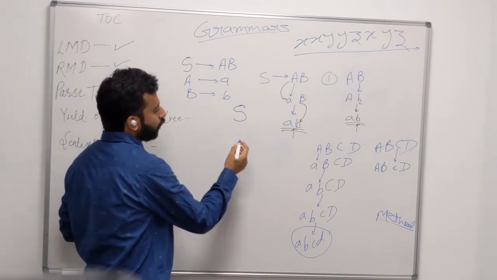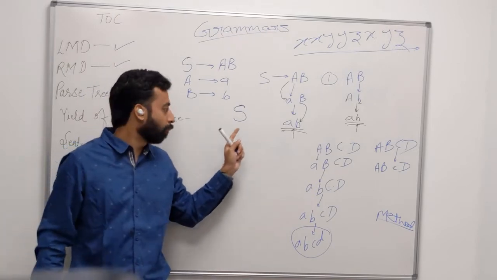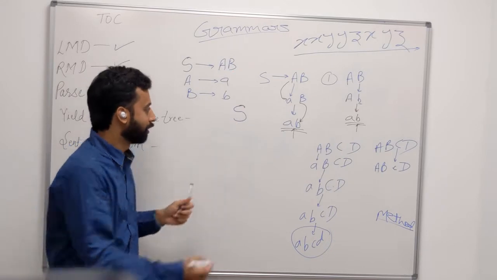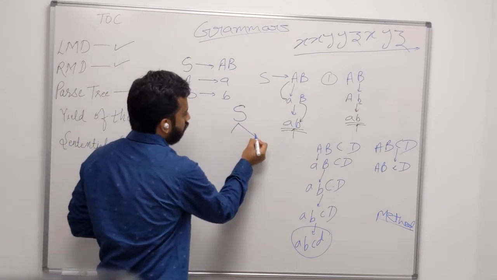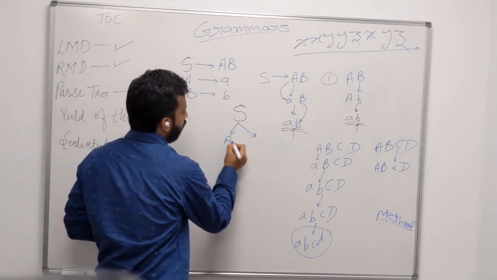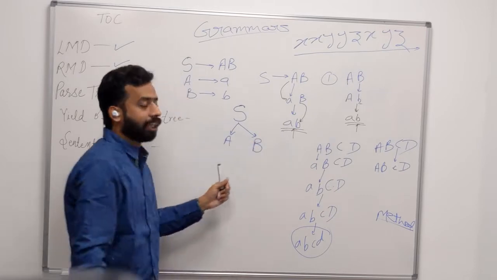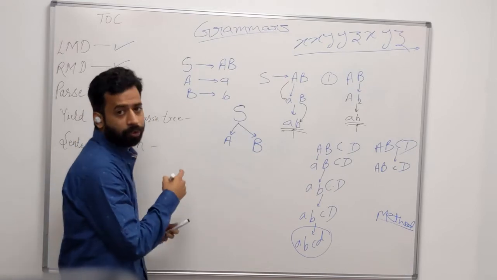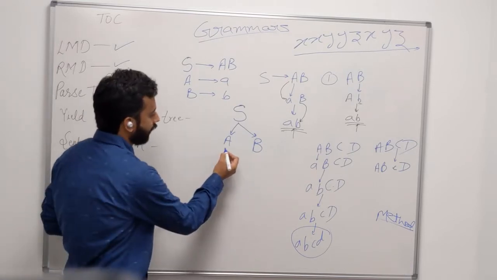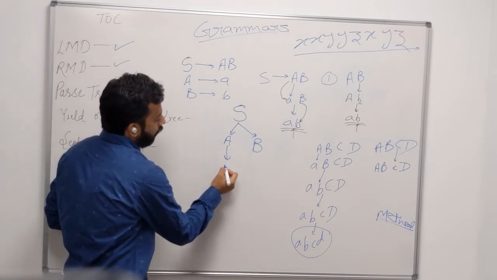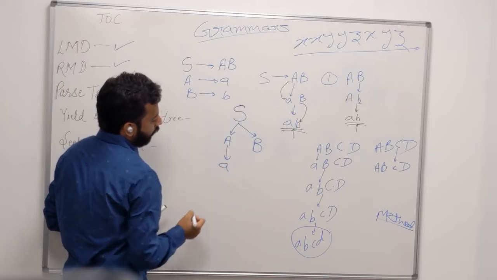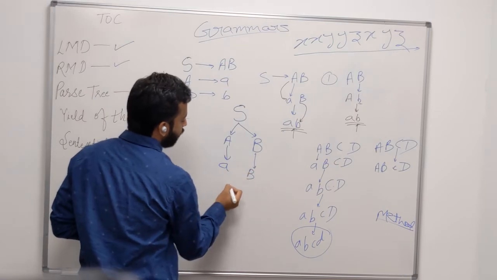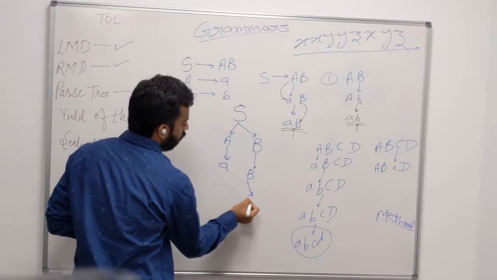So what can we derive from S? Capital A and capital B can be derived from S, so we can derive AB. Now I can either go for leftmost derivation or rightmost derivation. If I go for leftmost derivation, I can replace capital A with small a and my B as it is, and in the next step I can derive the rest.